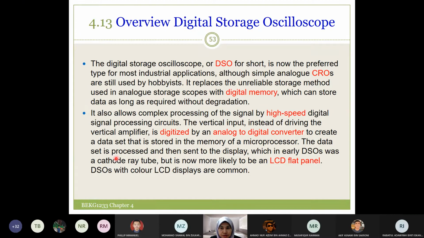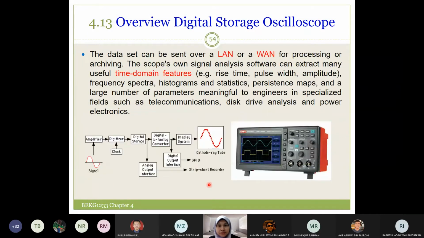Okay, the data set is processed and then sent to the display, which in early DSO was a cathode ray tube, but it's now more likely to be an LCD flat panel. This is the newest digital storage oscilloscope. DSO with color LCD displays are common.